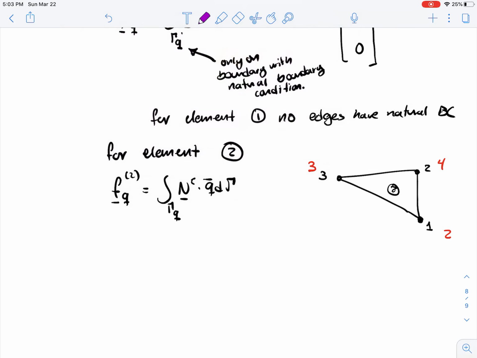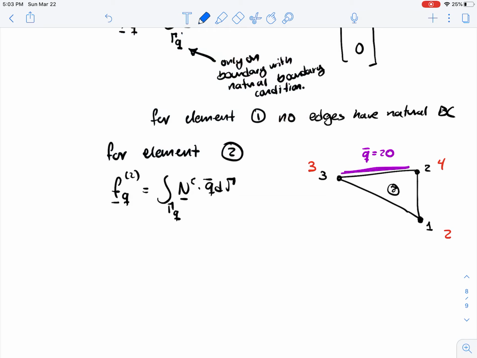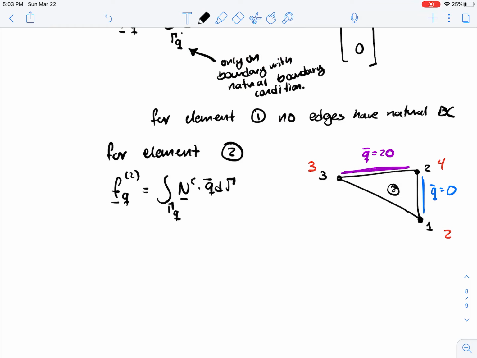In terms of which edges have flux, this one has a flux of 20. That's the only one we care about, because this other one right here has a flux, but it's a flux of 0. So when you integrate that one, you will get 0. The only one we care about is the top edge.